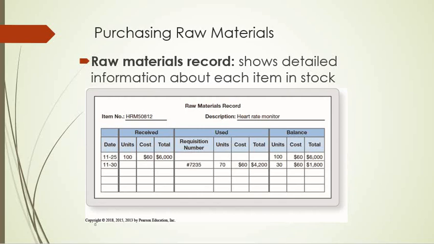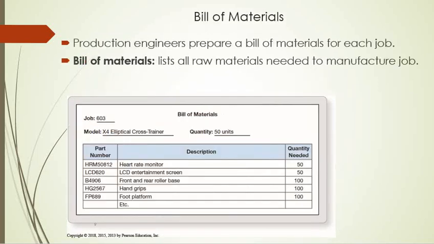So in this case, it's 7235. That is the requisition number. The next example is the bill of materials. The bill of materials is going to be prepared by the engineers for each job. So it's going to list all the raw materials needed to manufacture a particular job.